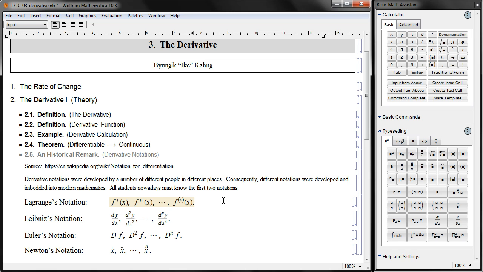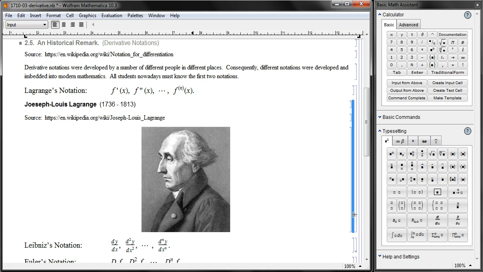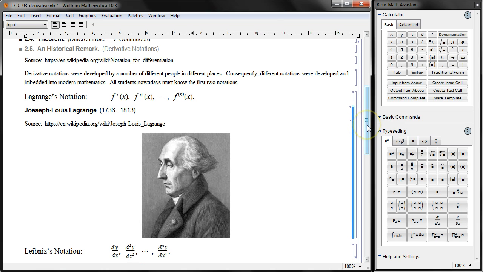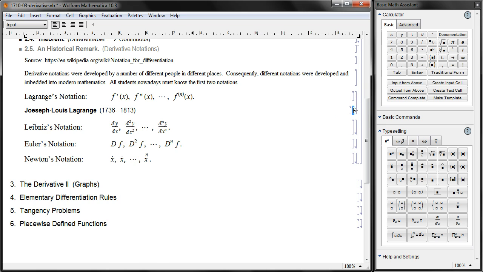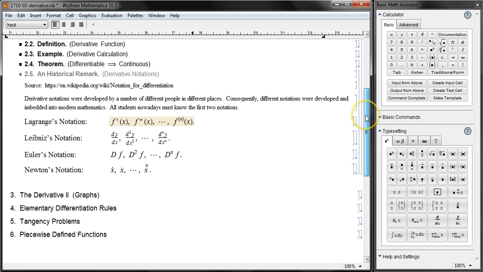That notation was developed by a mathematician called Joseph Louis Lagrange, and he worked in France, but as a matter of fact, he's Italian. He was born in Italy and studied in Italy. He worked in France, so it is well known in France, but he's actually Italian. So this can be regarded as an Italian notation, arguably French notation too, because after all, he worked in France.